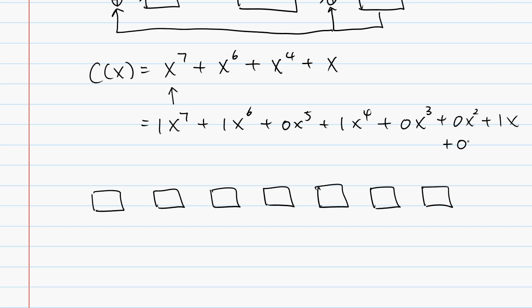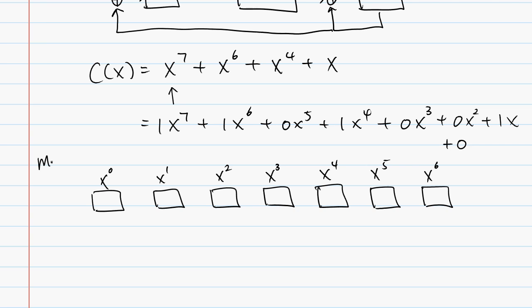Now let's label our registers: x to the 0, x to the 1, x to the 2, x to the 3, x to the 4, x to the 5th, and x to the 6th. Again, we do not have a register for x to the 7th because we'll never get a remainder that has a polynomial with highest degree of 7.